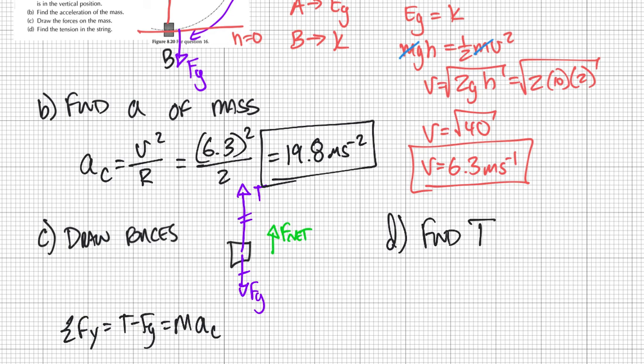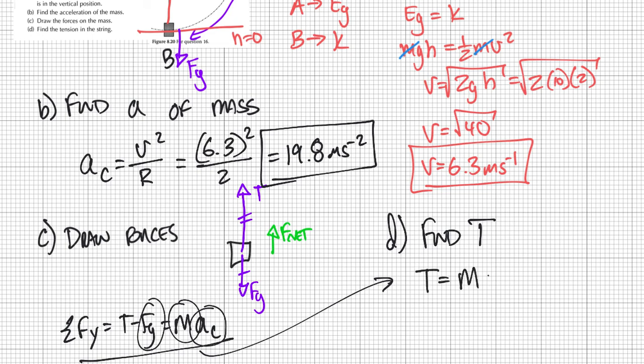And so I'm going to use this equation here to actually find my tension. We already know the acceleration. We know my mass. We can find gravity. So tension is all we need to find. So tension is going to equal mass times centripetal acceleration plus my force of gravity.